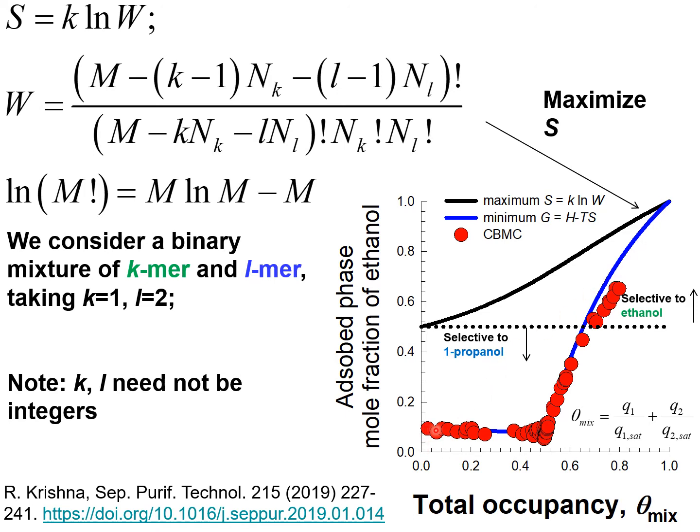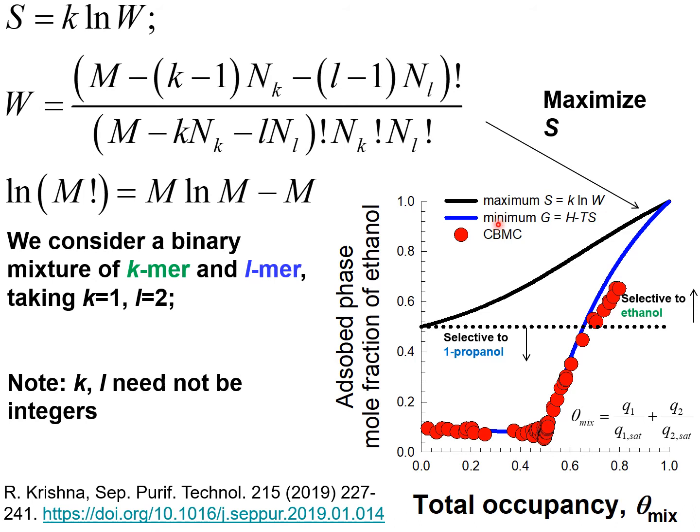The CBMC simulations for ethanol 1-propanol mixture adsorption are plotted here, because in the initial stages, the adsorption favors 1-propanol due to the stronger binding.